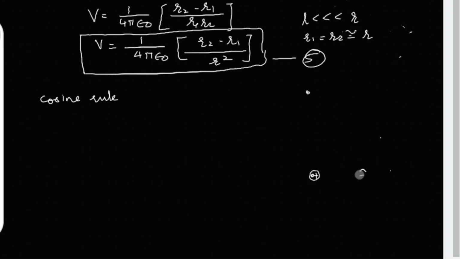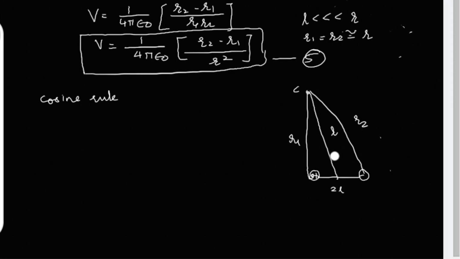Here this is the dipole, this is the distance between them, 2L is the distance. This is the point C, here I am taking, this is R and this is R1, let us consider, and this is R2. This angle I am considering as theta.